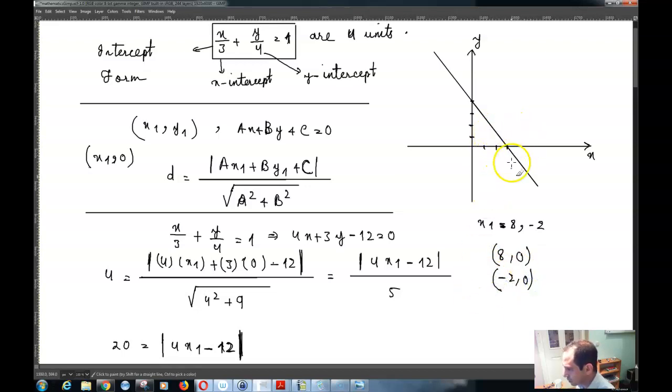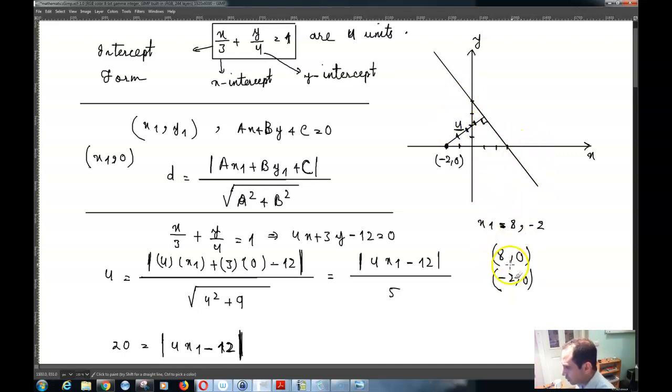And as you can see, if I find this point over here, this is negative 2, 0, and the perpendicular distance of this point from this line is going to be 1, 2, 3, and 4 units. Approximately, of course, my units are not all to scale, but you get the idea. So this distance over here is 4 units.